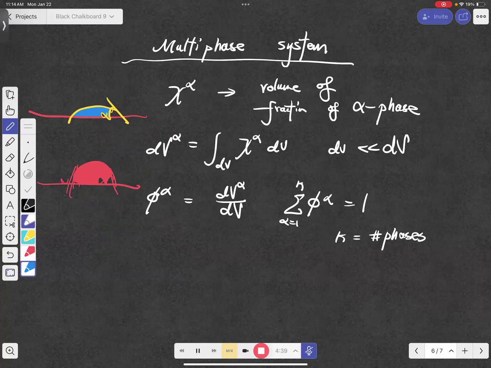Now, in general, a multi-phase system is much harder, in the sense that you have to consider not only the fluid-solid interaction, but also the fluid-fluid interaction, and the different combinations of interactions.